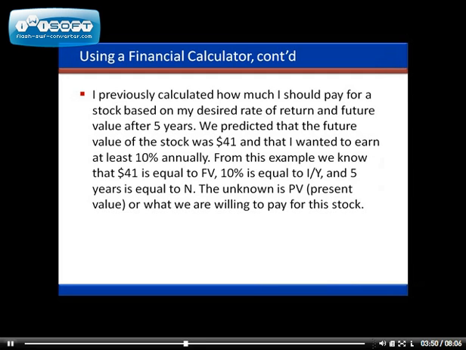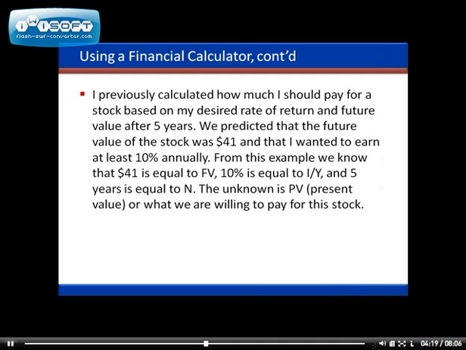So from this example, we know that $41 is the future value. We know that 10% is equal to the annual rate of return, or the interest per year. And we know that 5 years is the number of years that it will take to get us to $41.